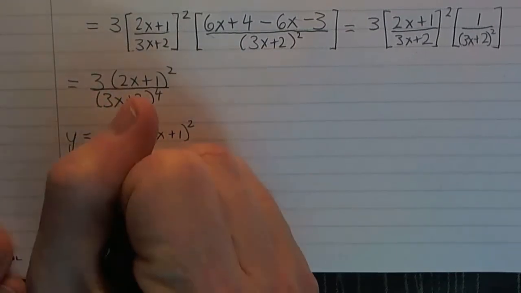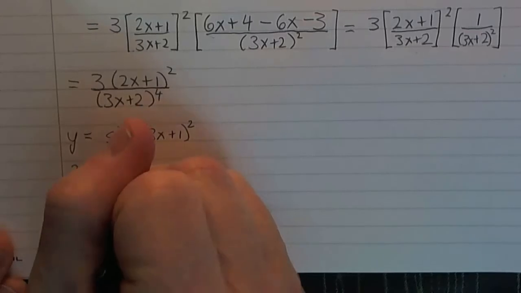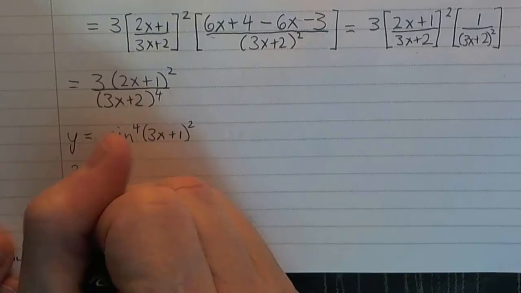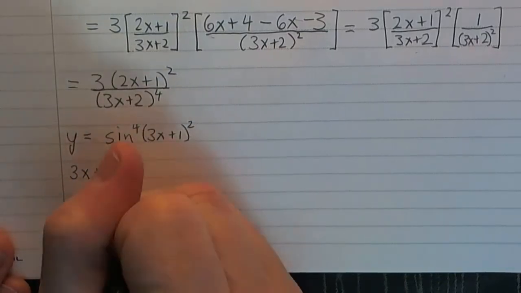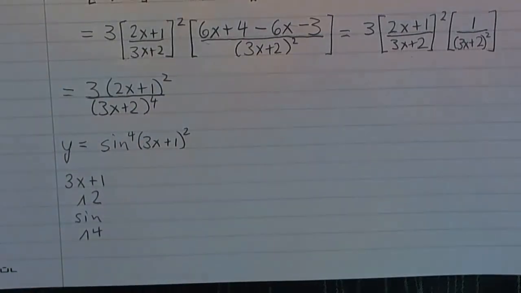Well, the 3x plus 1. Then you would raise that to the 2nd power. Then you would take the sine of it, and then you would raise that to the 4th power. So you think you're going to go backwards from what you would do if you were evaluating this function.